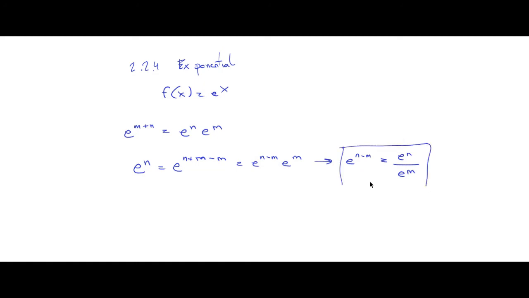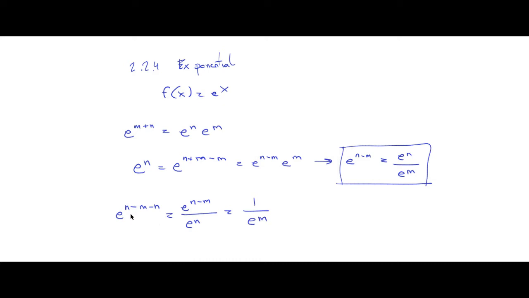So now I have this for subtraction. Now if I divide by e to the n on both sides, I have e to the n minus m divided by e to the n, and then I have 1 over e to the m. Now we have just said that this division we can rewrite as e to the n minus m minus n.